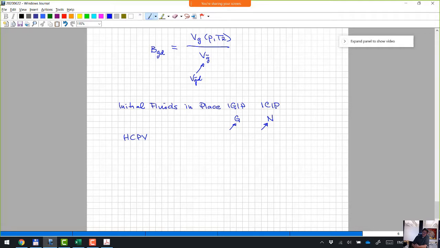So the G, what would be in your black oil model or your true sellable gas volume in place, that would be hydrocarbon pore volume divided by BGDI at initial conditions.